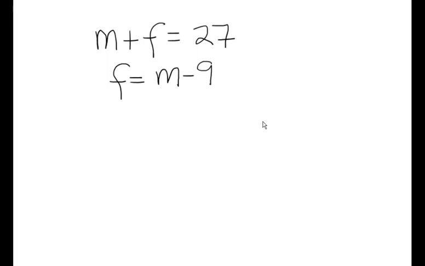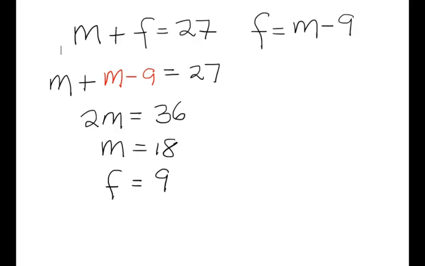It's not a big one, and the answer comes out okay, but we had the wrong symbol. So males plus females equals 27. See, that part's okay. But instead of males equal females minus 9, it's females equals males minus 9.